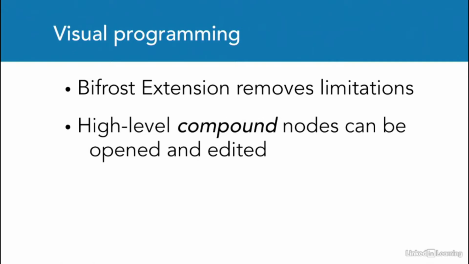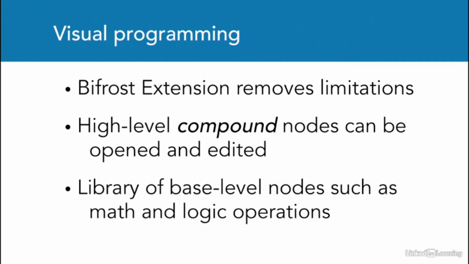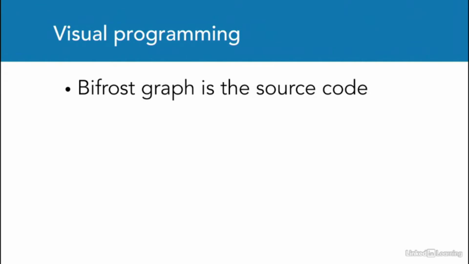Bifrost ships with a collection of high-level nodes called compounds that we can drill down inside of in order to change their behavior at a lower level. Since Bifrost is a full-blown programming language, it also provides a comprehensive library of base-level nodes, such as mathematical operators. We can construct node graphs of arbitrary complexity from these building blocks.